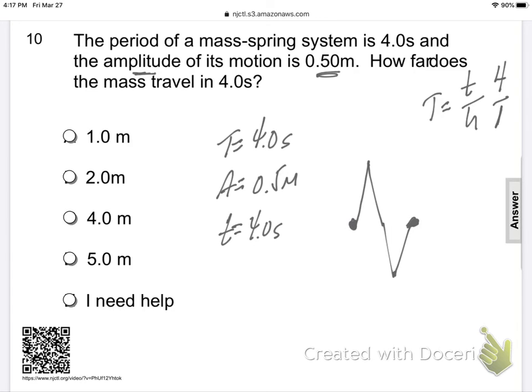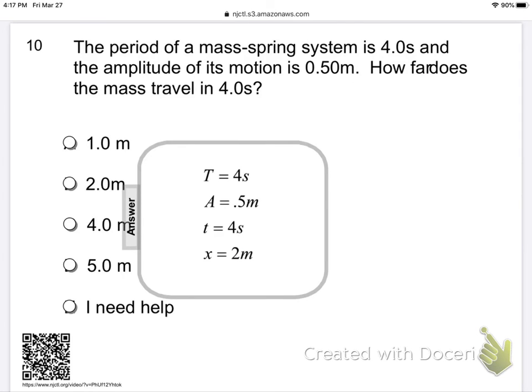They said the amplitude is a half a meter. So it's going to travel a half a meter up, a half a meter down, a half a meter down further, and then a half a meter to get back to its original position. So the distance it's actually traveling in 4 seconds is going to be 4 times that 0.5 number, and that should be 2 meters.